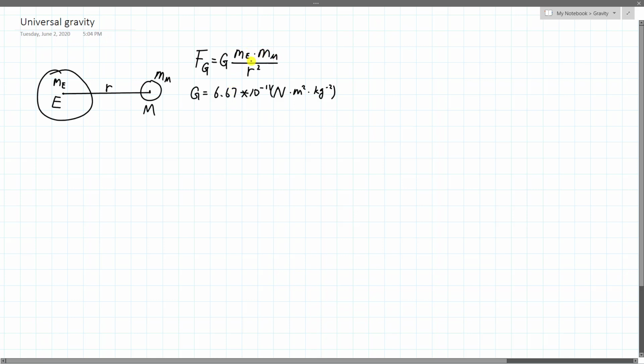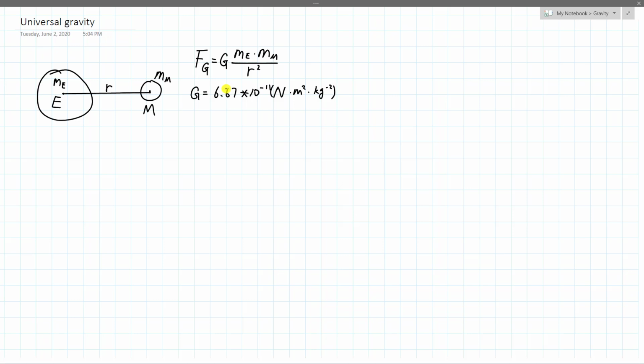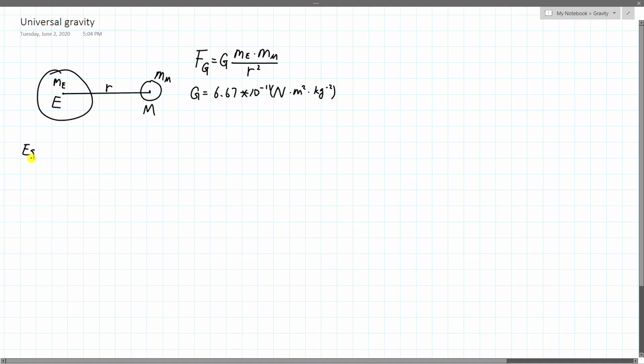moderate masses such as 2 human beings and some moderate distances such as, let's talk about 6 feet, right? So that is about 2 meters away. So let's calculate as an example how much force is there between 70 kilogram human beings that are 2 meters apart.